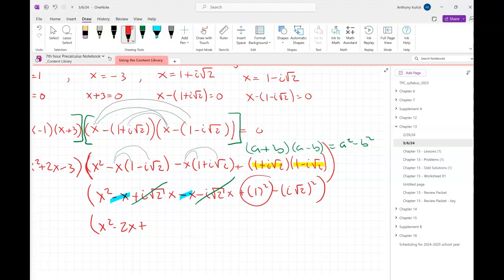What's 1 squared? Come on, it's 1. 1 times 1. And then how do I do I root 2 squared? Well, remember when I square a product, that's going to be both factors squared. Do you guys recognize I squared as something?